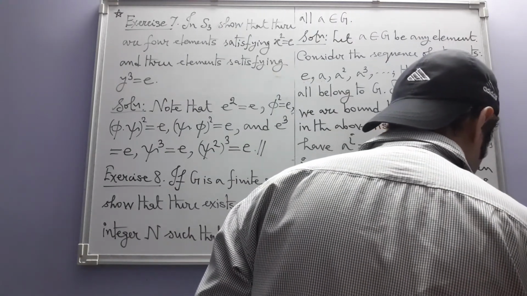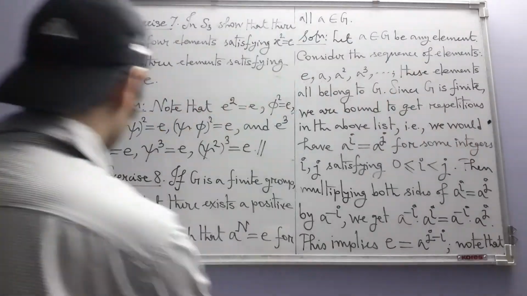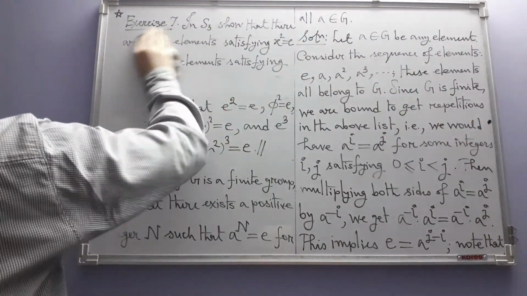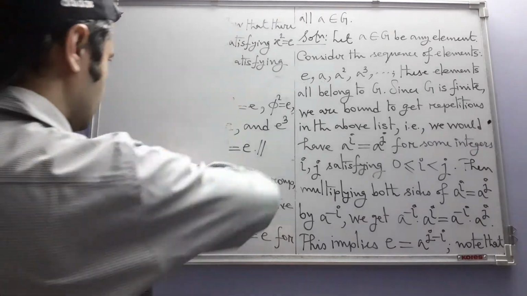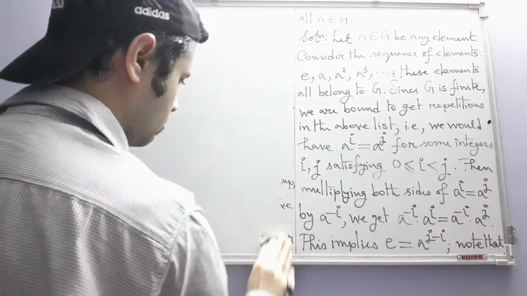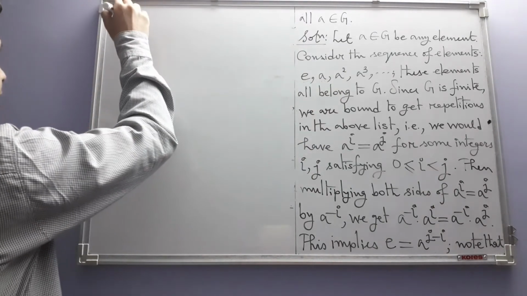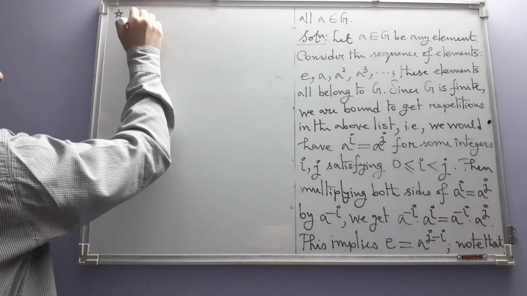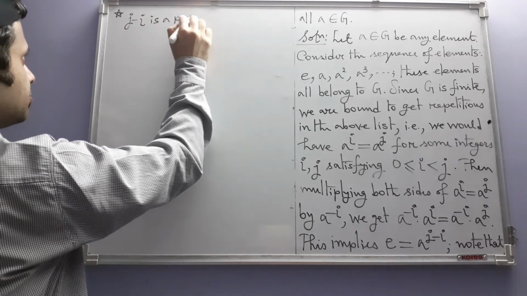Note that j minus i is a positive integer. This is very important.